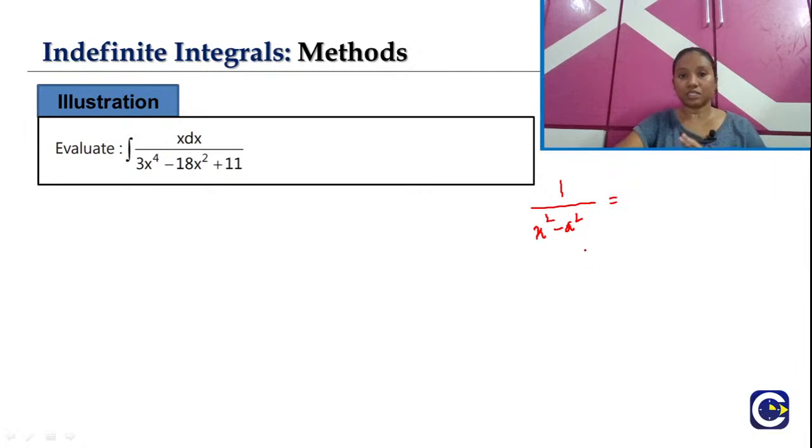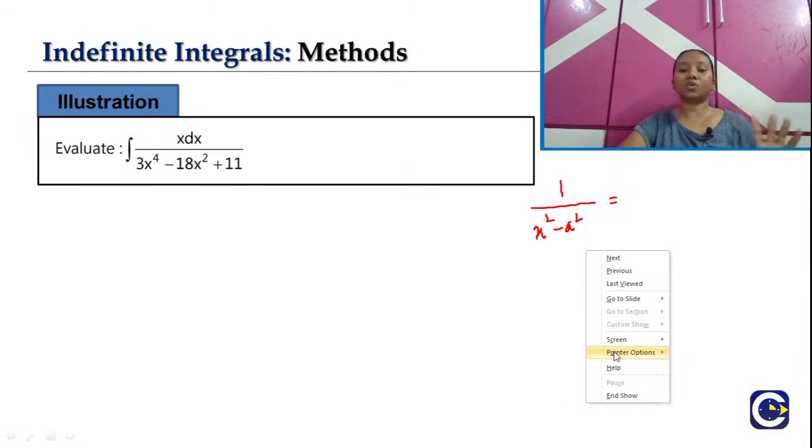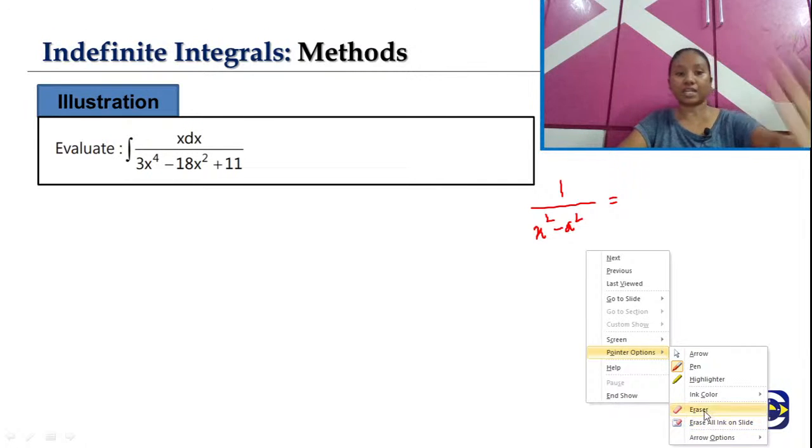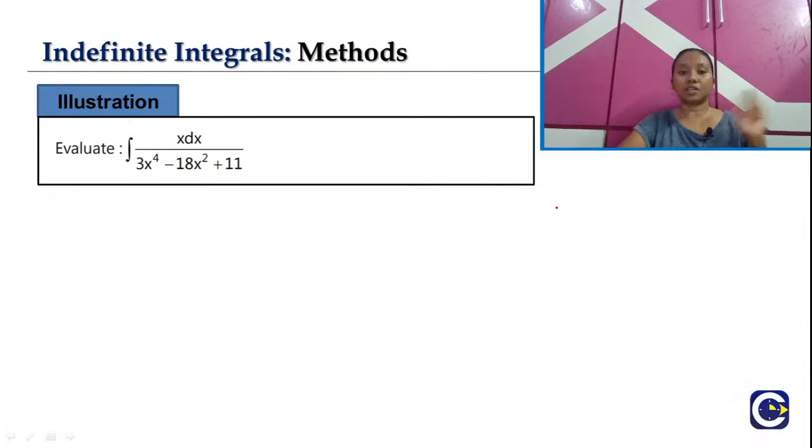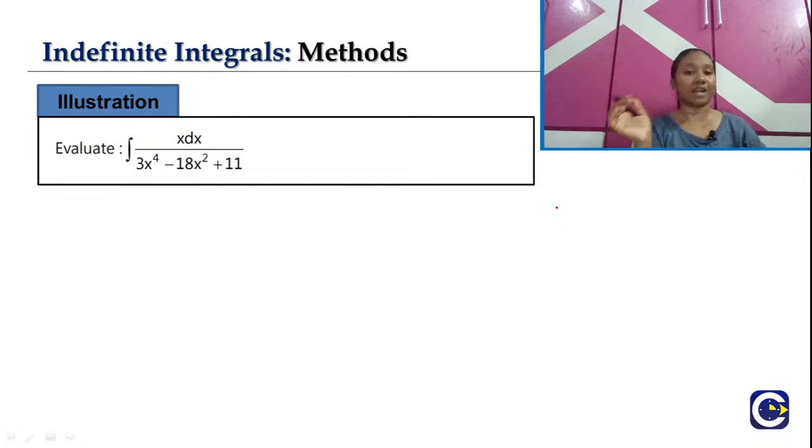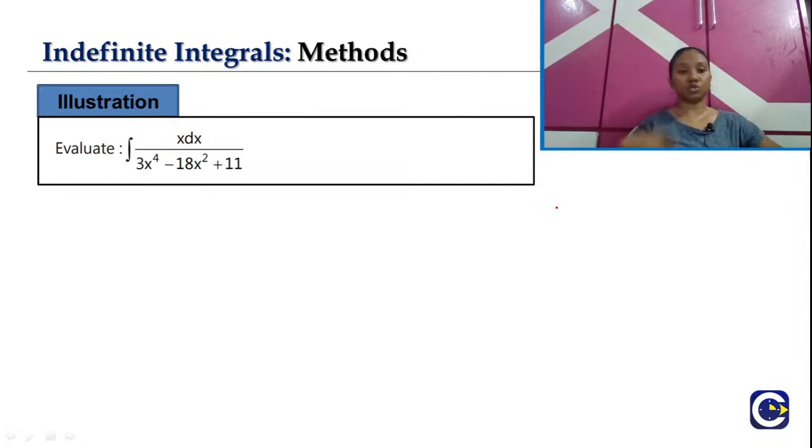That I'll be showing at the last. So that's why I don't want you to find the final answer for this question. I just want you to simplify it and tell me the simplified integral. I just want to know how you start solving this question. So that will be the overall idea here.